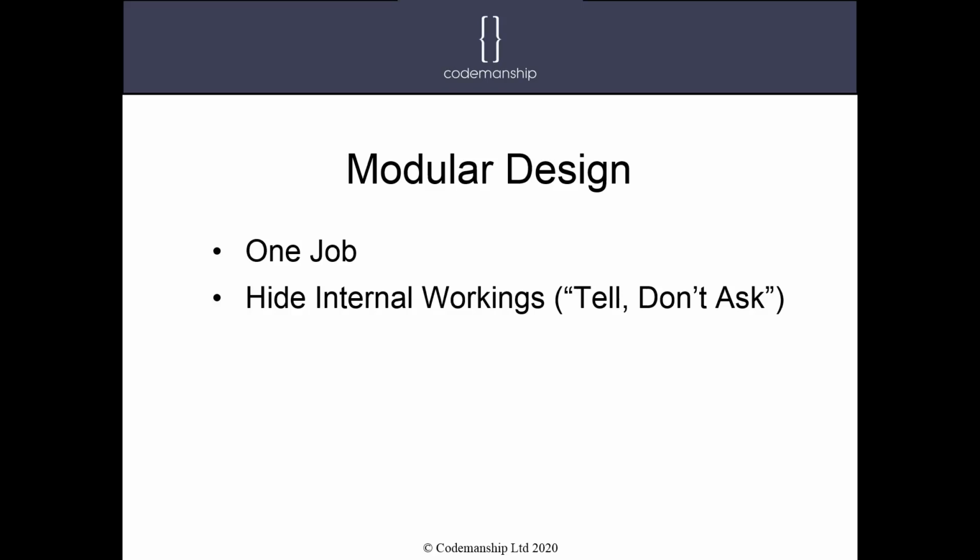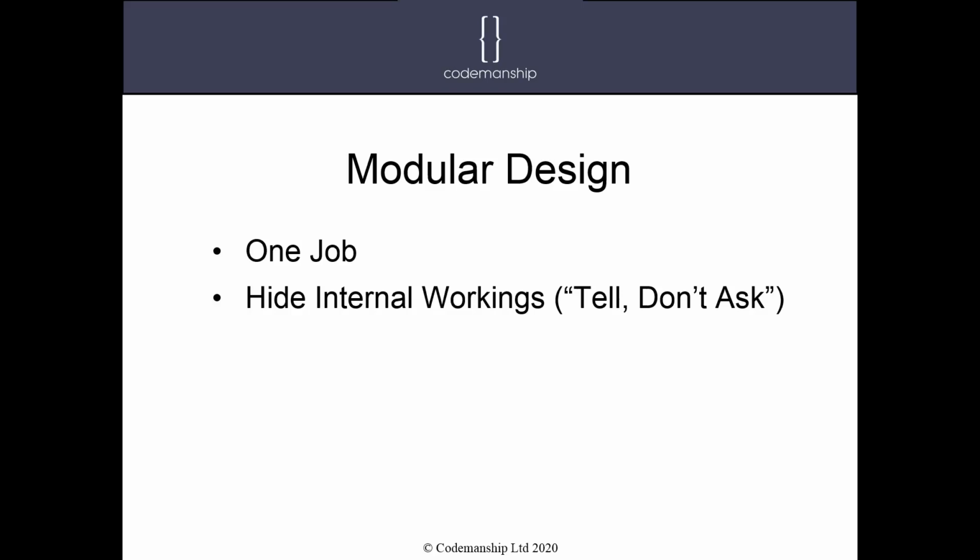Now, the style of design here that we're talking about is called tell, don't ask. So, for example, it's very common in enterprise computing for people to have objects that contain data, classes or entities or whatever you want to call them, and then other objects that ask for that data from those data objects and do calculations, do work with them.